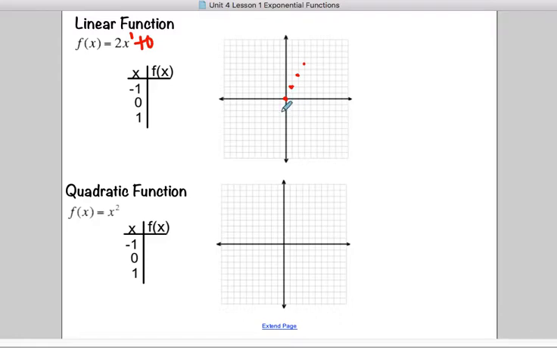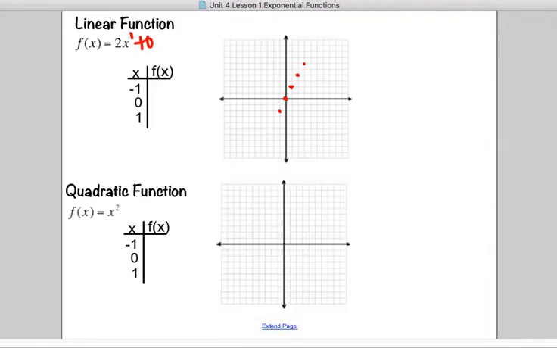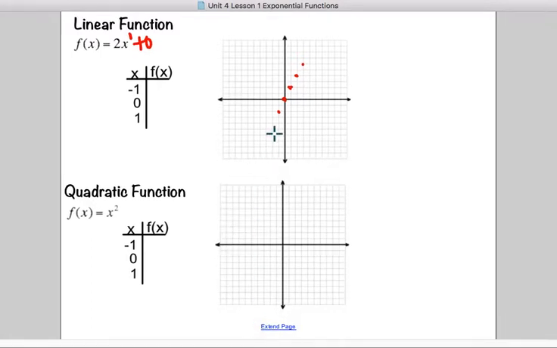Or we could go to the left 2, down 2 to the left 1. And then we could graph our line going through there. Okay, so that's an example of a linear equation.